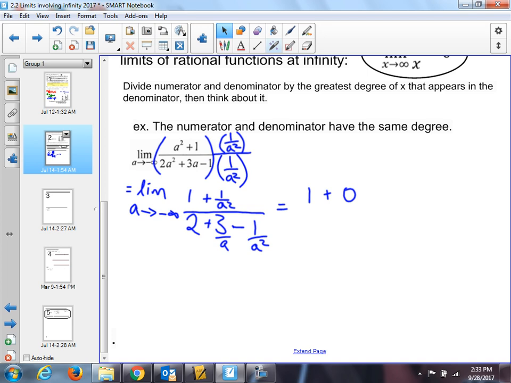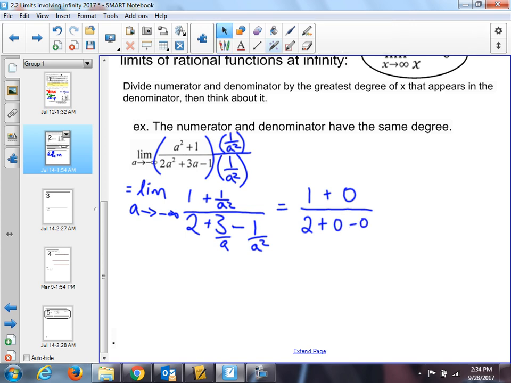It turns into 0. We've talked about the argument. 2 is a constant. Plus, what's 3 divided by a really large or really big negative number? 0. 1 divided by a really negative number squared? Still 0. Even more 0.